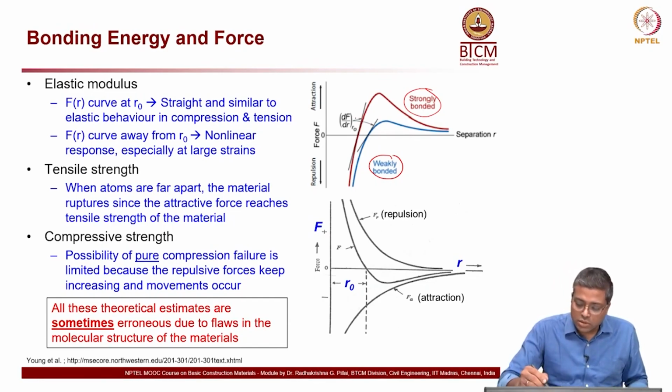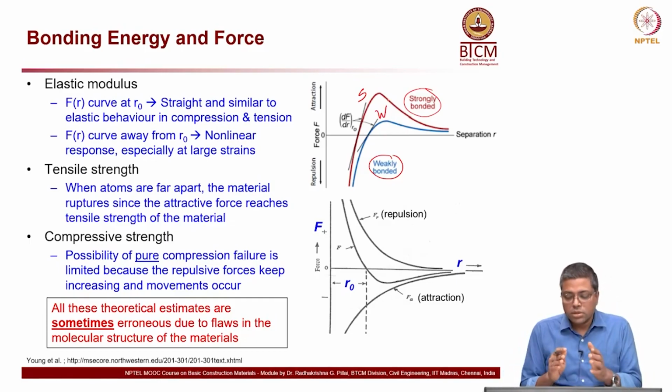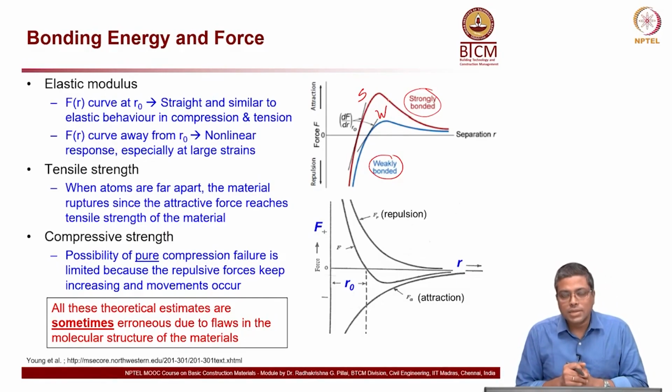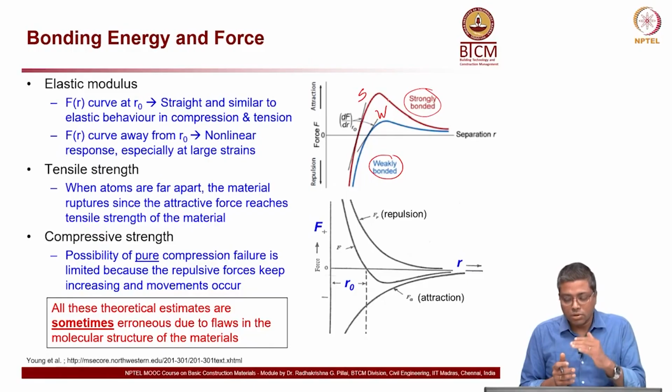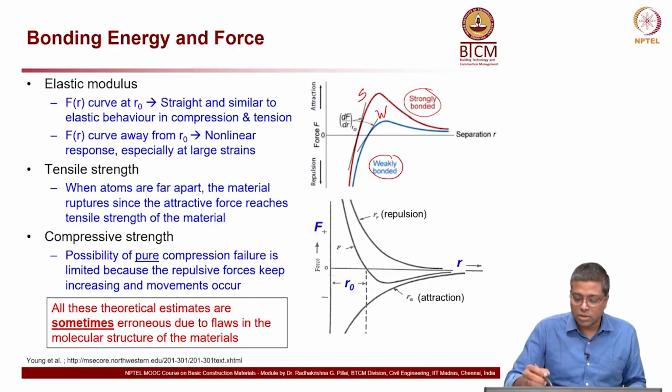So, let me call them the strong material and the weak material. The slope of that line at R0 is smaller in the case of the weak material as compared to that in the stronger material.